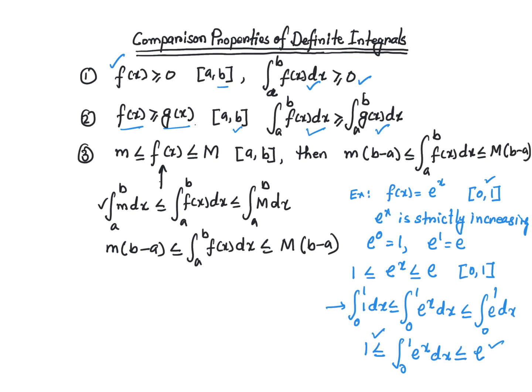And if f is bounded below by lowercase m and bounded above by uppercase M on the interval [a, b], then m times (b minus a) is less than or equal to the integral of f on that interval, which is less than or equal to uppercase M times (b minus a), the interval length or the distance.